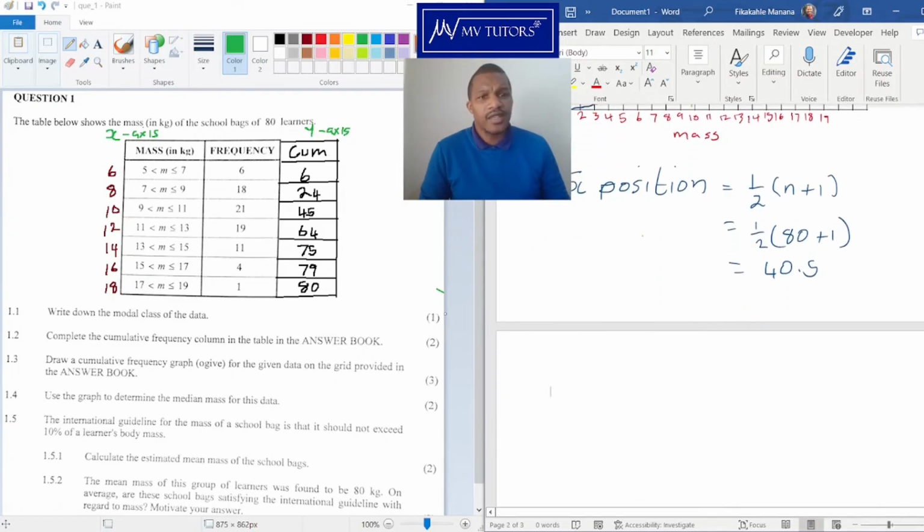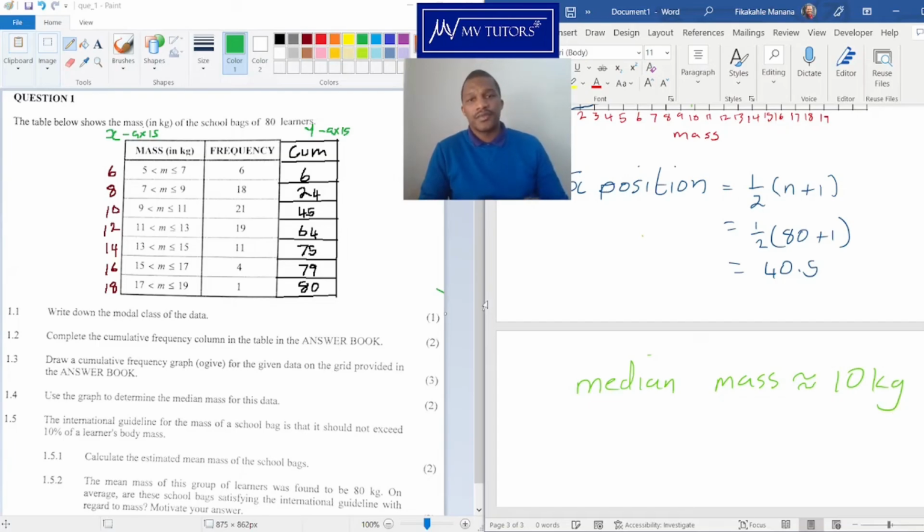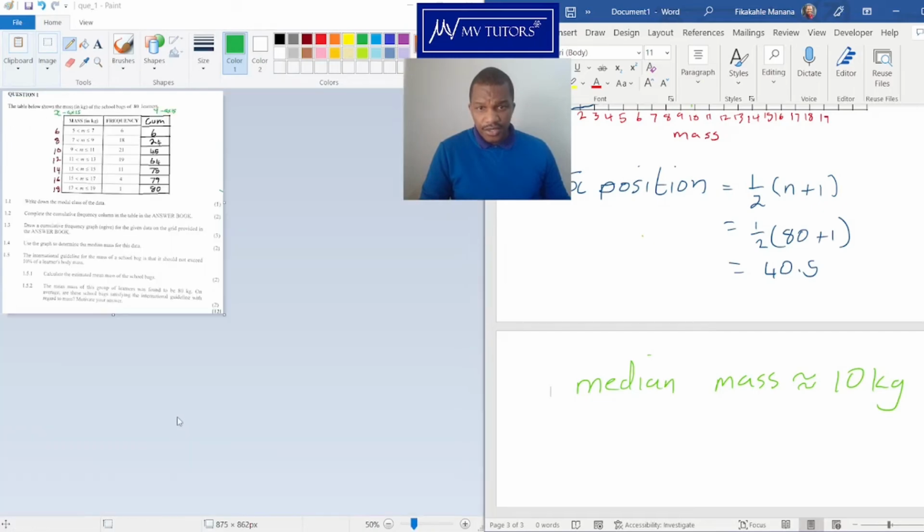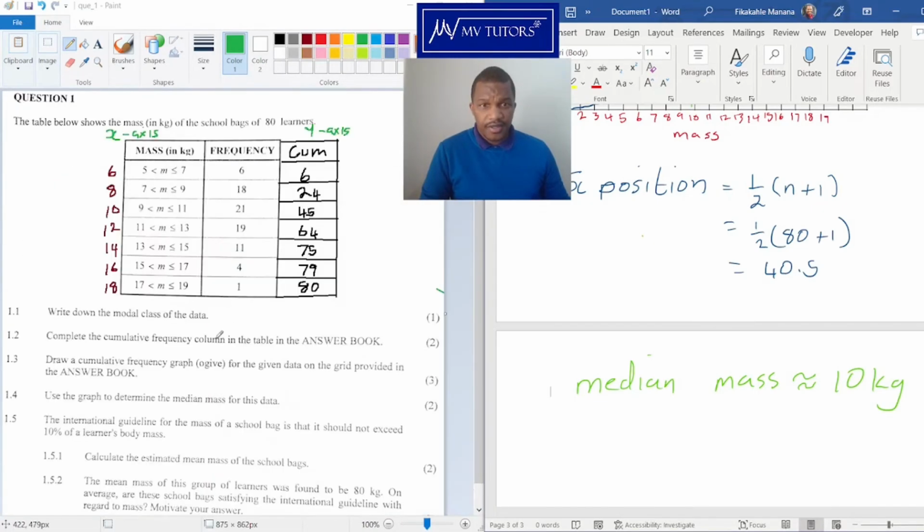So our answer then is approximately 10. The median mass is approximately 10 kgs. Good. All right. Now let's see this question. The next question over here.